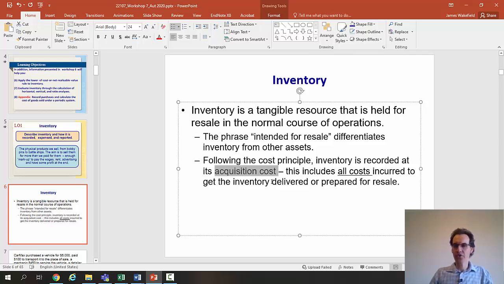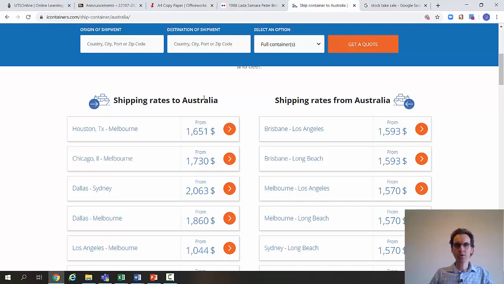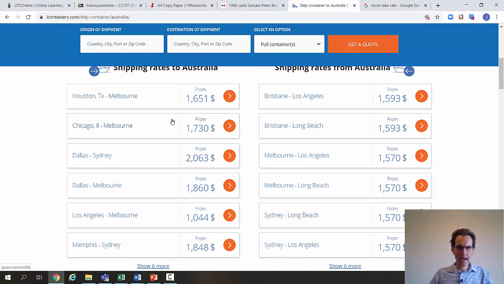Another cost is delivering the inventory to a place of sale. If we go back to our browser and look at the cost of shipping container movement, this is a website that I looked up earlier today, and you can see it quotes me $1,651 to ship a container from Houston, Texas to Melbourne.